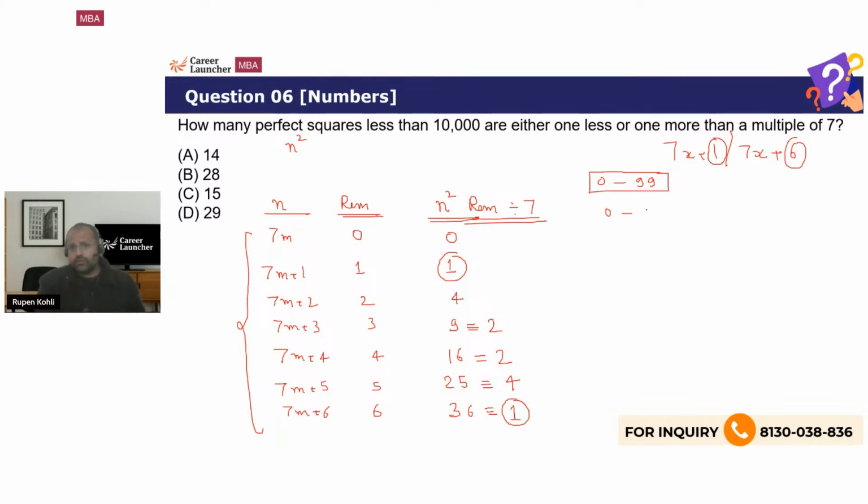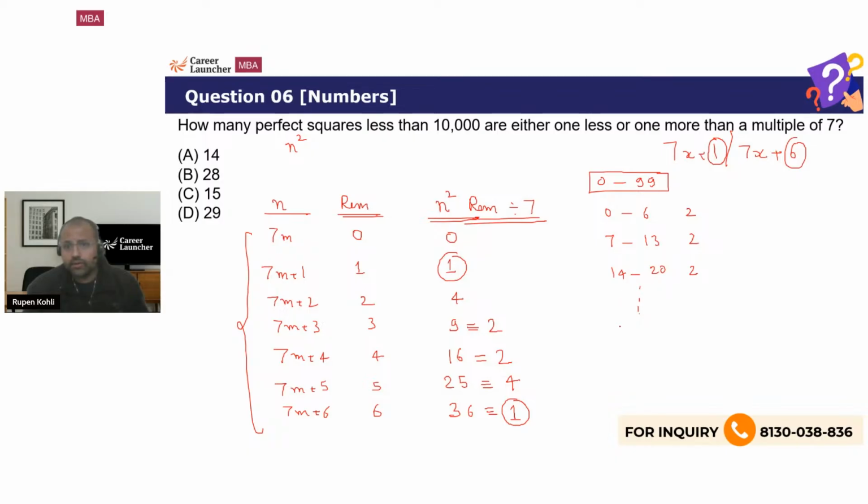So from 0 to 6 there will be 2 numbers favorable. From 7 to 13 there will be 2 numbers again. From 14 to 20 there will be 2 numbers again. So every set of 7 consecutive numbers there will be 2 favorable numbers, and so on.